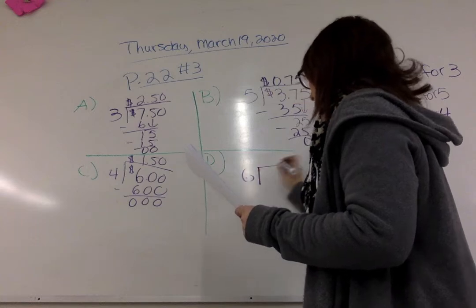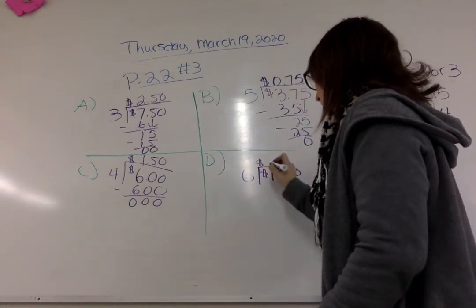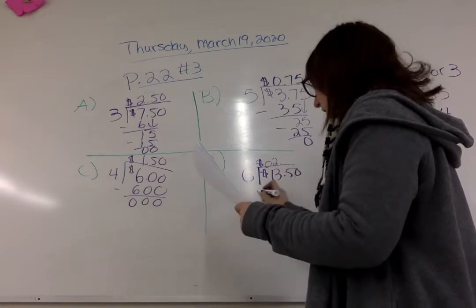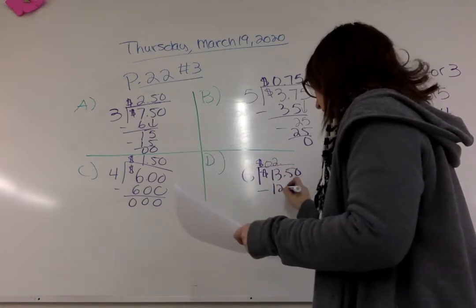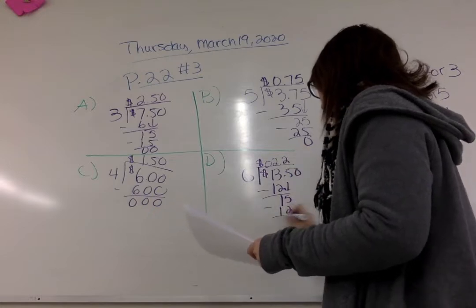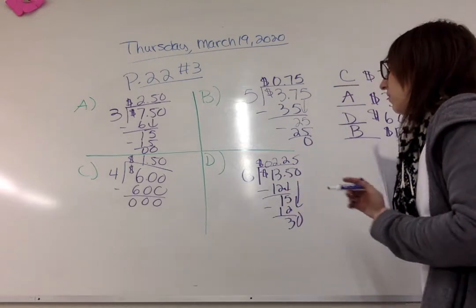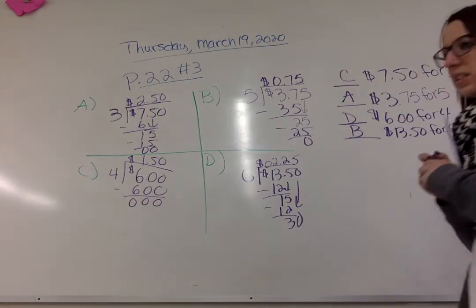So 6 into $13.50. When I do the division, I get $2.25. 1, bring down the 5, bring up the decimal, 2, 12, this is 3, bring down the 0, this is 5. $2.25, therefore it's choice B.